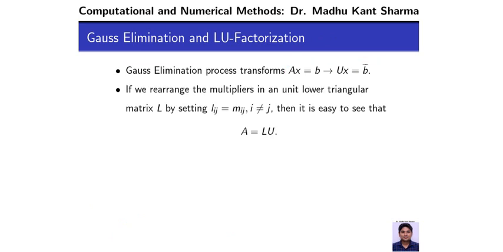So if we rearrange the multipliers in a unit lower triangular matrix, meaning the diagonal entries are fixed at 1, by setting L_ij equal to M_ij for i not equal to j, then it is easy to see that A equals LU.